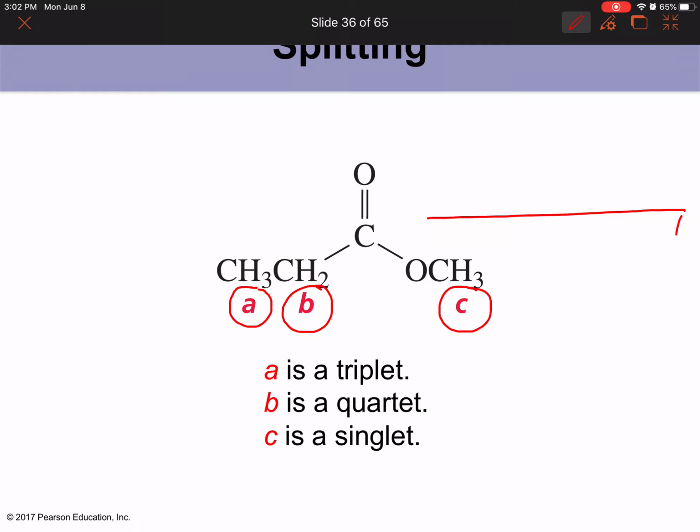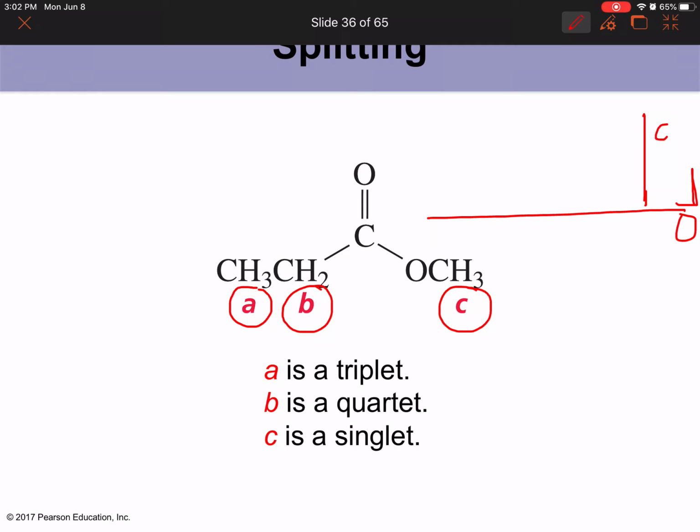If this is our 0, where is the reference point? Where do you think A would appear? Is it closer to 0? Is that upfield or downfield? That's going to be upfield, right? A with 3 hydrogens. And then what about B?